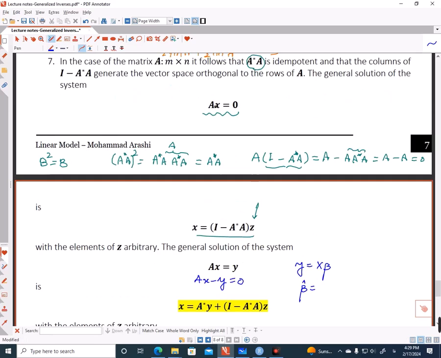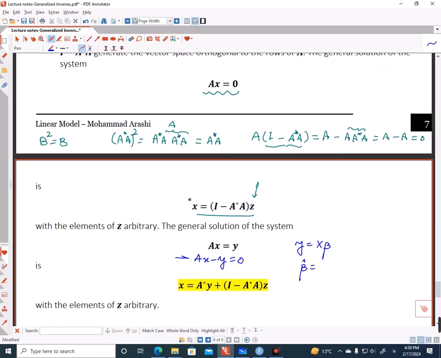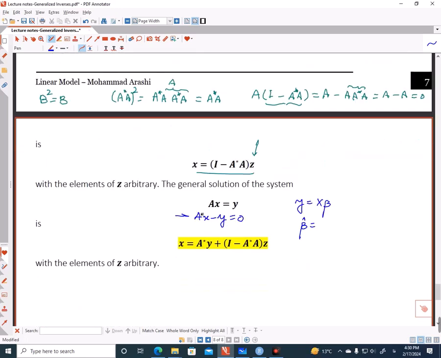According to this specific structure, if I can write this equality in the form of a matrix multiplied by a vector equal to 0, then I can obtain x by this formula here. Now let's do a further step.